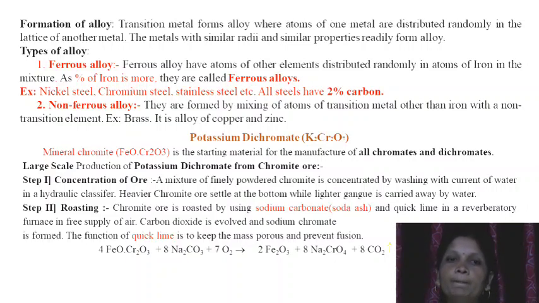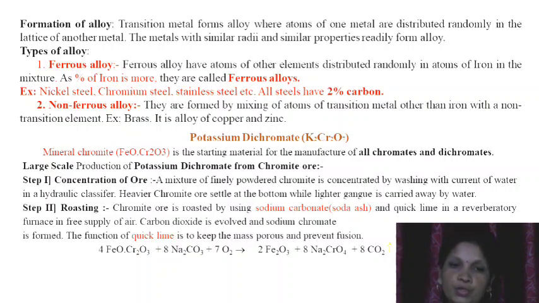Here the mineral chromite is pulverized, that means a fine powder is obtained, and then concentration is done. A mixture of finely powdered chromite is concentrated by washing with a current of water in a hydraulic classifier. Heavier chromite ore settles at the bottom while lighter gangue particles are carried away by water.